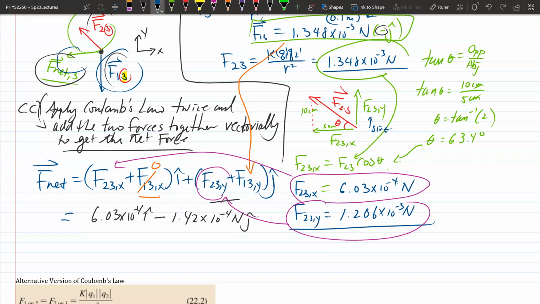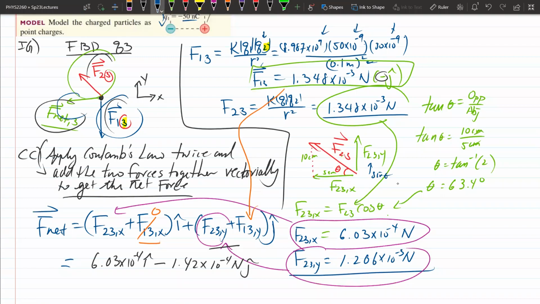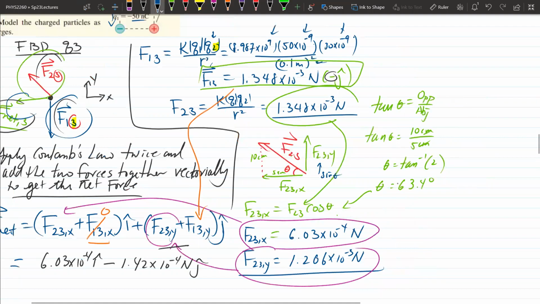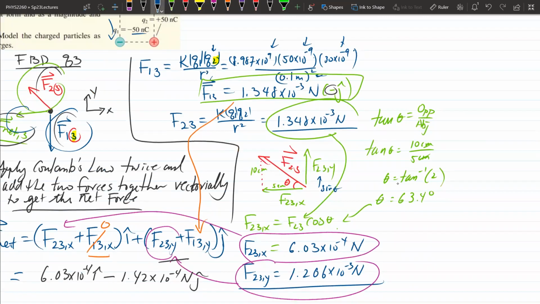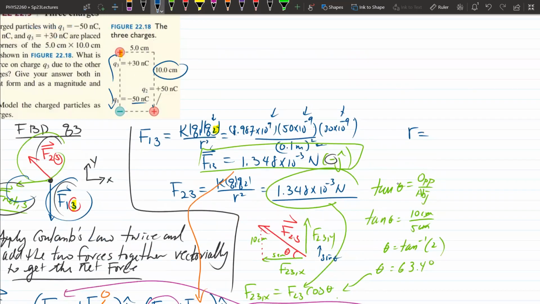Oh yeah, the distances are different between the two. So this number, force 2.3, is actually different. Let's fix that real quick. Good catch. You have to actually calculate what this distance is.